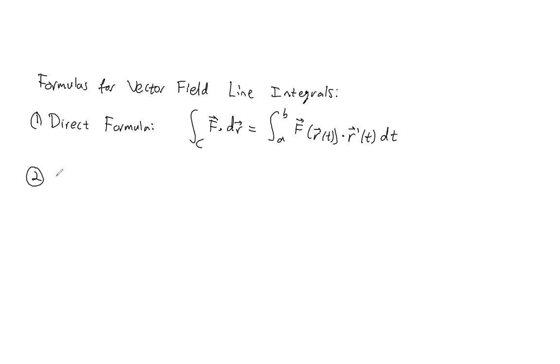The second formula involves removing an integral. When I say removing an integral, what I mean is you take your vector field integral, F dot dr, and that equals little f at the end, to make it possibly three-dimensional, minus little f at the start.